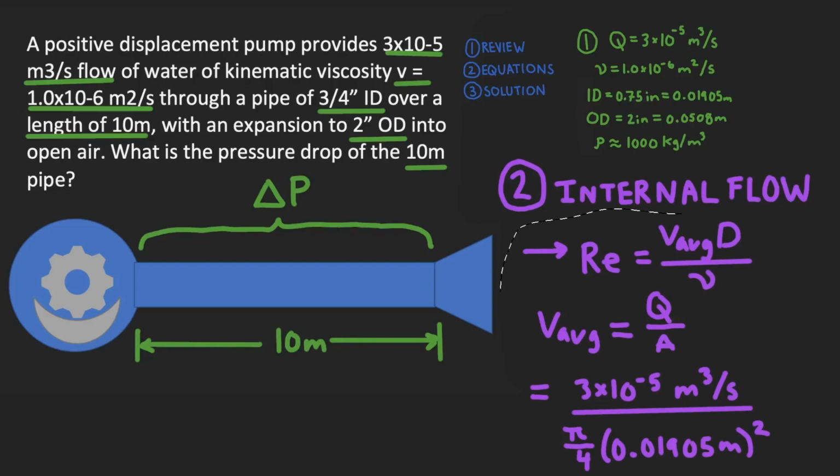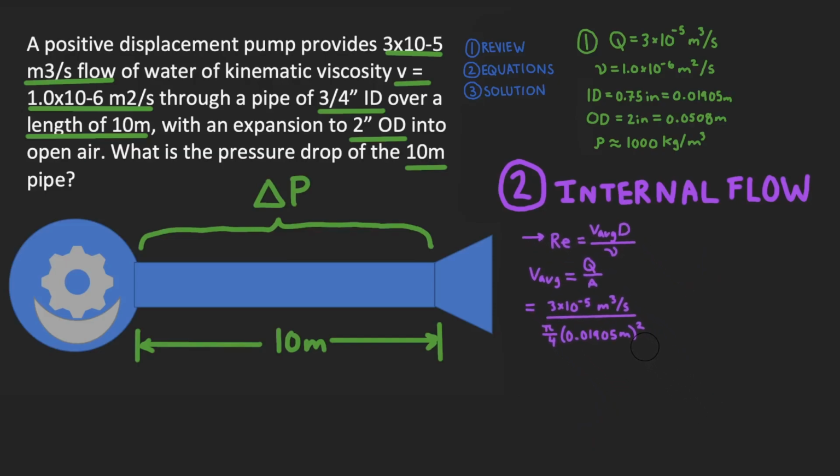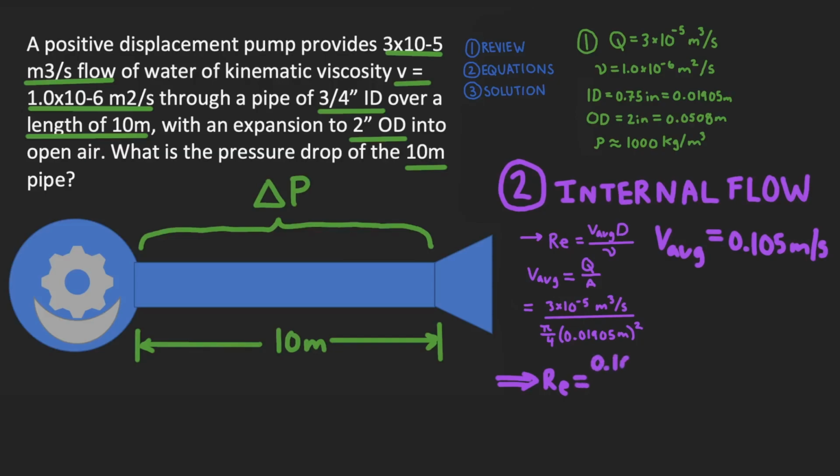So doing that, we get 3 times 10 to the negative fifth meters cubed per second over our area, which is pi r squared. So that's pi over 4 times the diameter squared, 0.01905 meters. And that gives us 0.1053 meters per second. So that's going to be our average velocity.